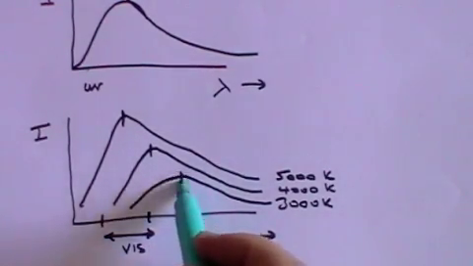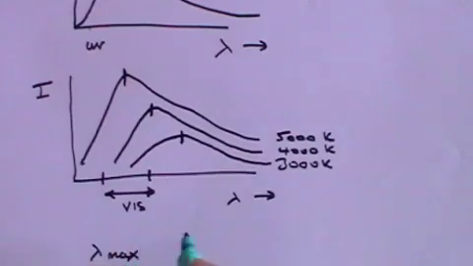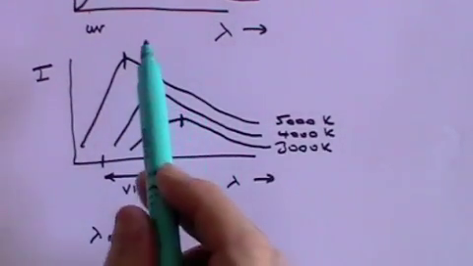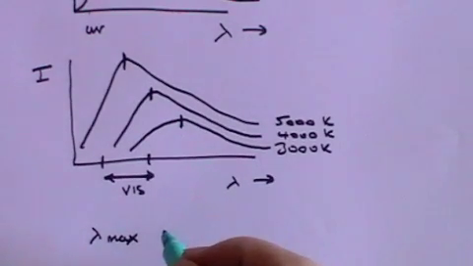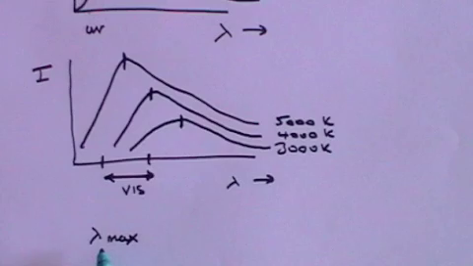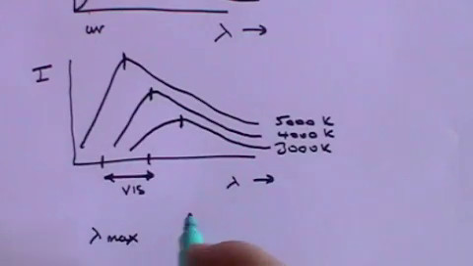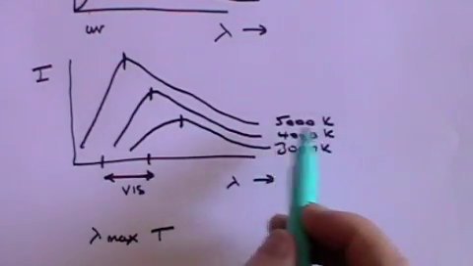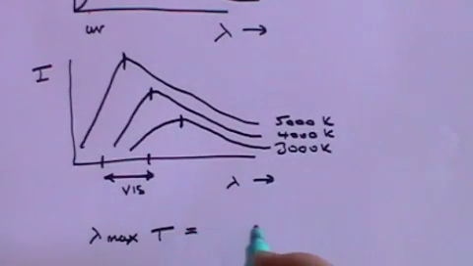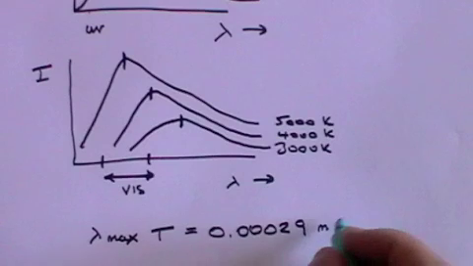So the wavelength at the peak in each case, which is usually called lambda max, that is the wavelength at the peak of each curve, is defined by what's called Wien's law, or sometimes Wien's displacement law. And he said that if you take that wavelength of the maximum and multiply it by the temperature, in Kelvin, you get a constant, which is 0.00029 meter Kelvin.